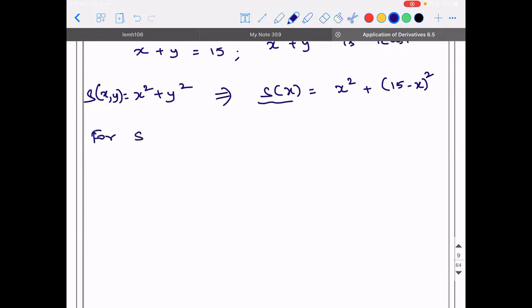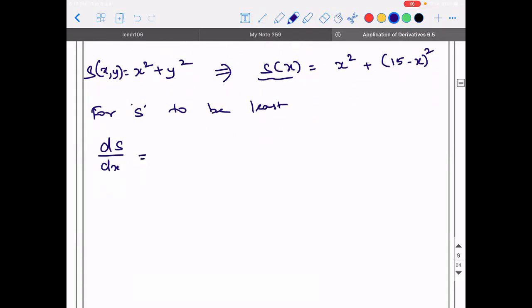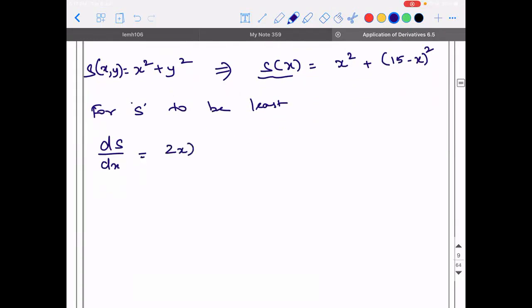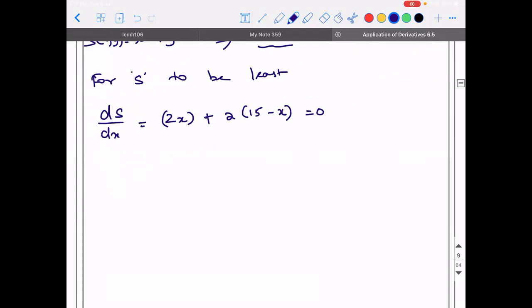So for S to be least, I will take the derivative of S with respect to x, which will be 2x plus 2 into 15 minus x. If I equate it to 0 for maxima or minima, then what will I get?